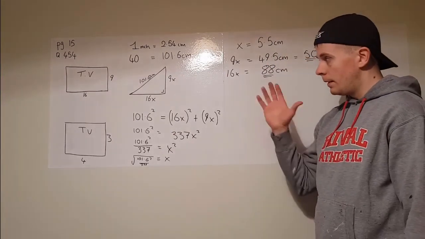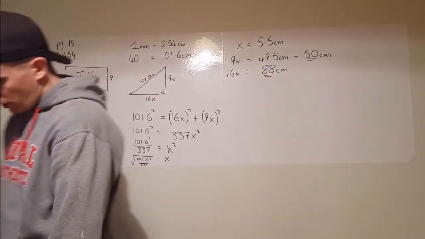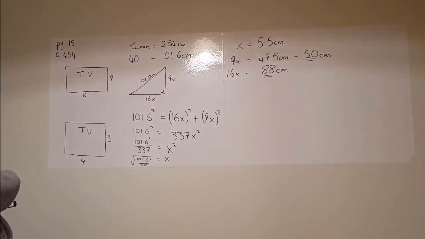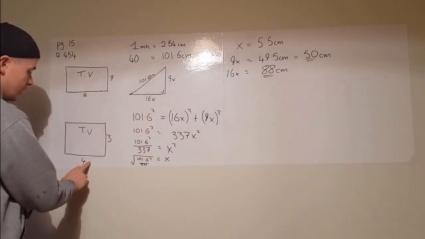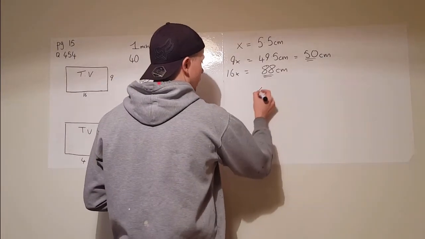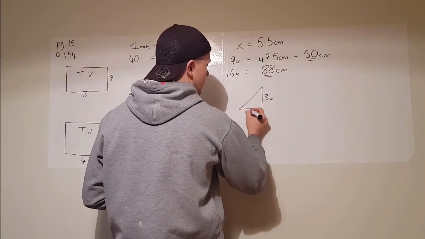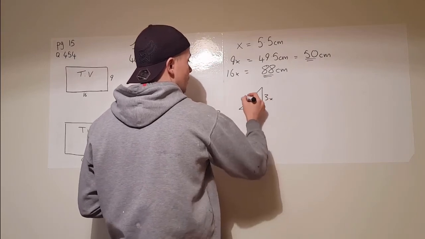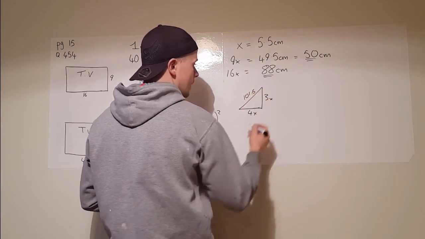Okay, that's for parts 1 and 2, and in part 3 we've got a different ratio, and we're asked to work out which of the 2 TVs has the greatest screen area. So again we should redo this now. So 3 parts is to 4 parts, but again we're looking at a right angle triangle. So 3x, 4x, and this is your 40-inch, which in centimeters is 101.6 centimeters.